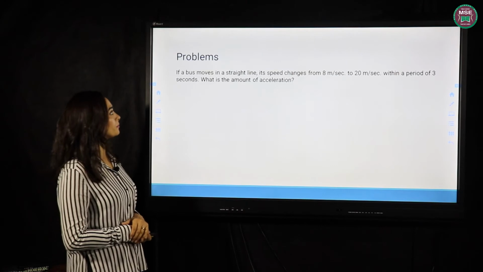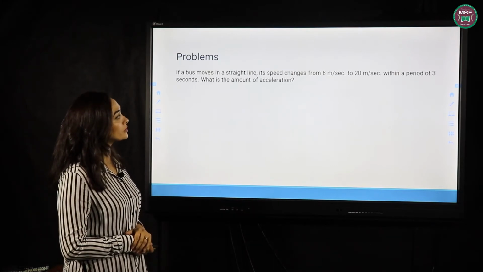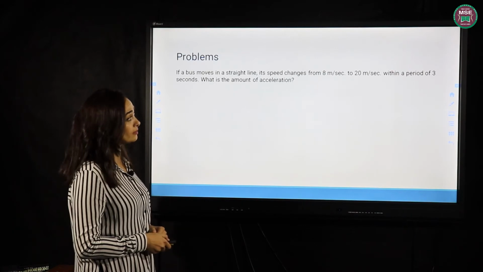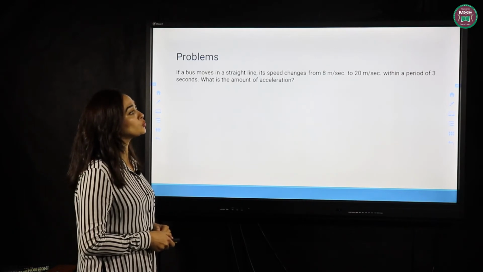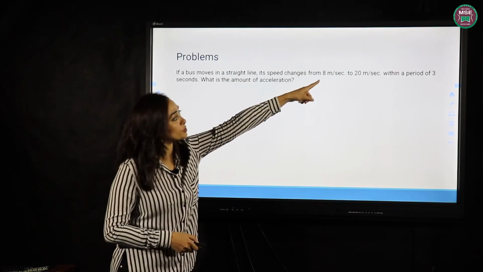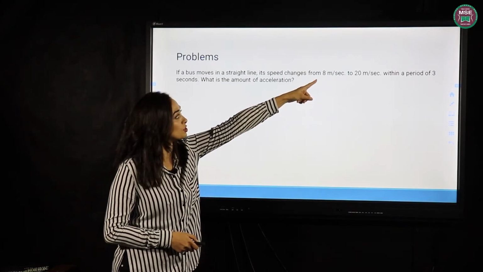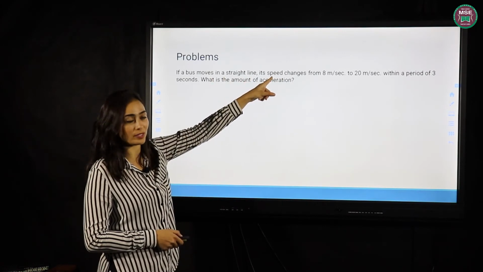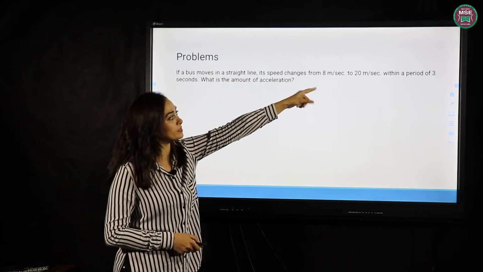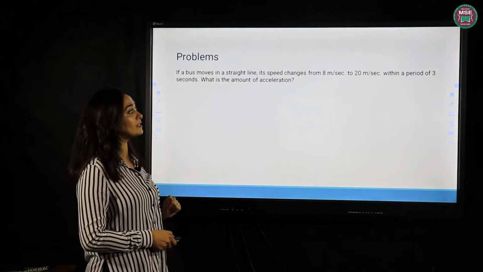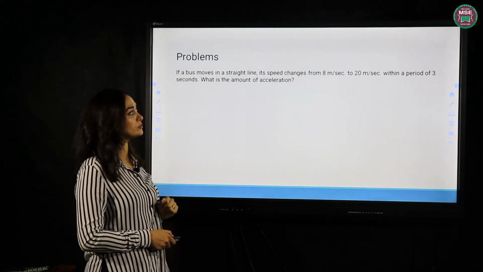Let's solve a problem. If a bus moves in a straight line, its speed changes from 8 meters per second to 20 meters per second. Concentrate, students. This measuring unit is not for acceleration, it's for speed. From these words, what do you conclude?